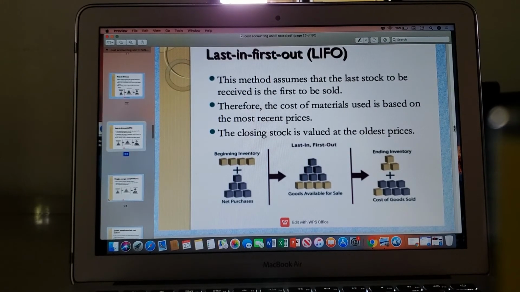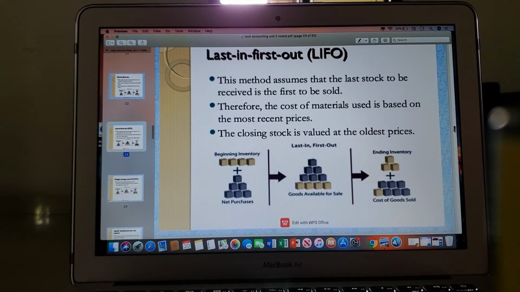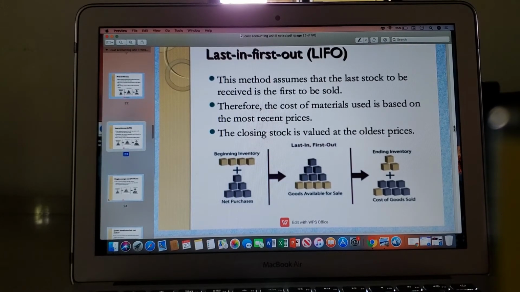In the first column there is the beginning inventory of 4 yellow boxes of goods plus net purchases of 6 grey boxes of goods. In the second column, the total number of goods is 10, which includes the 4 yellow boxes from beginning inventory and the 6 grey boxes from the net purchases, totaling 10 goods available for sale, which leads us to the final column, which shows the cost of goods sold.